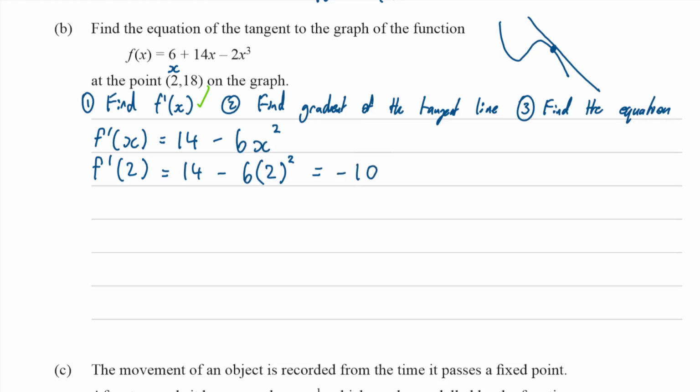Great. And so this is the gradient of f of x at x equals 2, which is equal to the gradient of the tangent. Right? And that's the definition of the tangent. It has the same gradient as the function at that point.